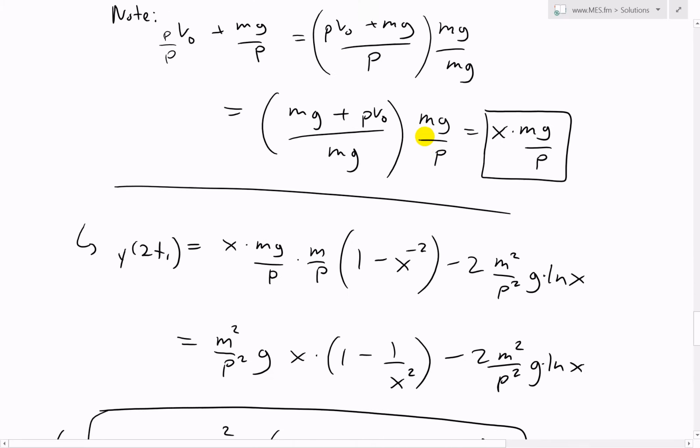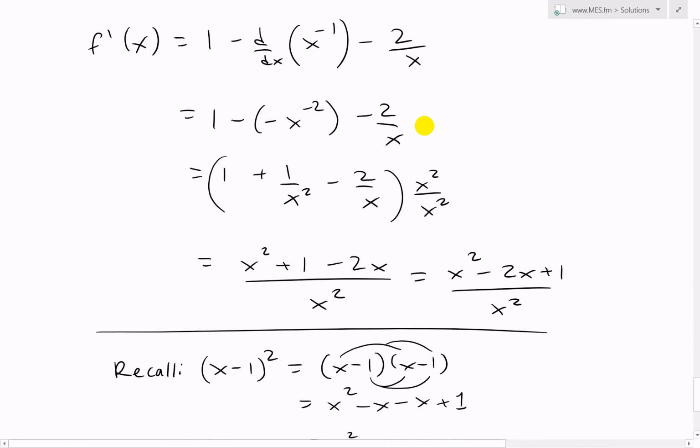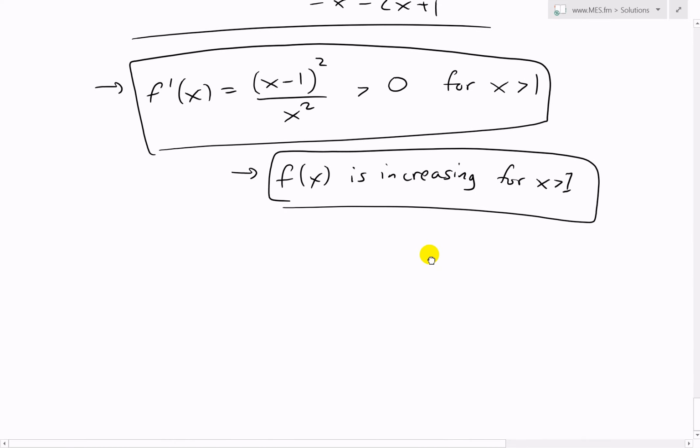So let's look at this. It's saying that this f of x is always increasing.